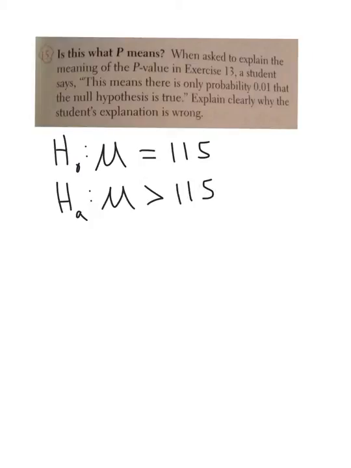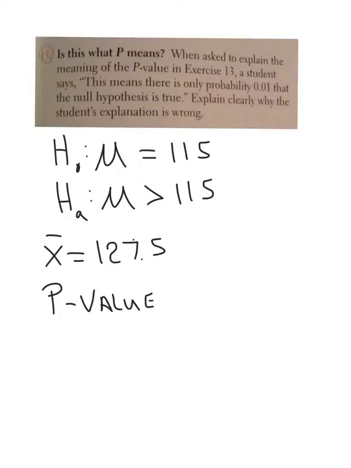So they take a sample, and the average for that sample was 127.5. That was their average. So that yields a p-value, which we haven't really figured out how to get yet, but we will later, of 0.01. What does that mean? Well, let's just say that it's true that the average student, regardless of age, likes school about 115.